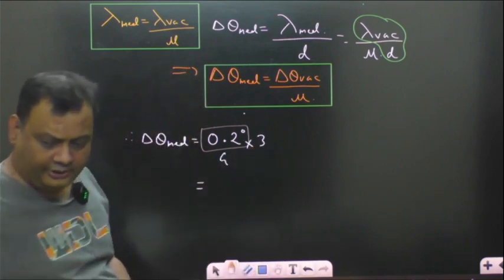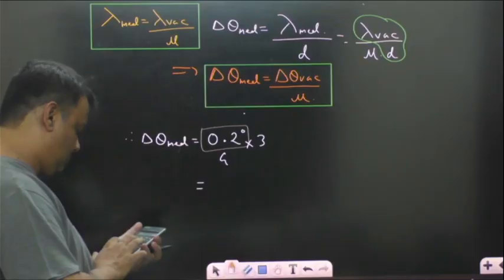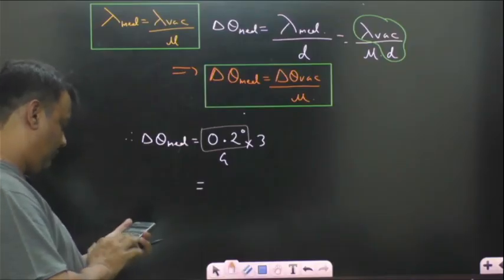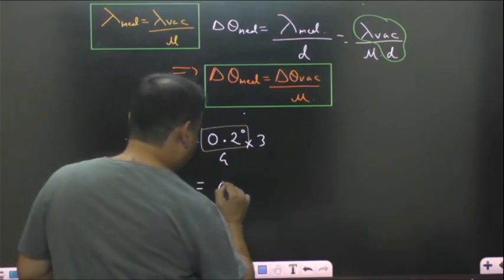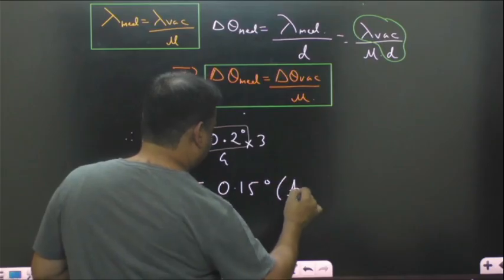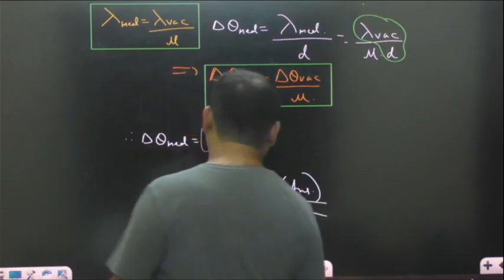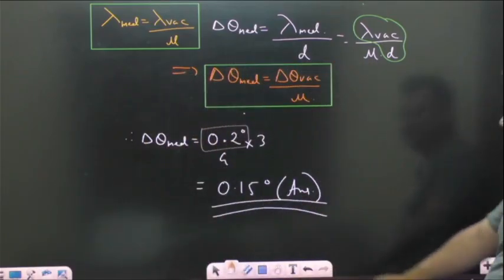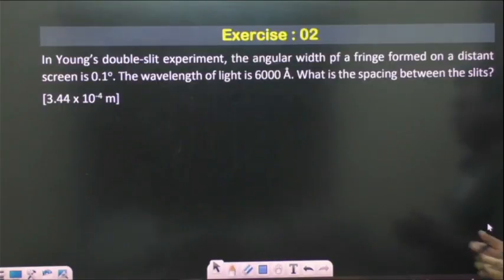So I'll get 0.2 into 3 divided by 4, which is 0.15 degree. That is the answer. So this will be your angular fringe width in the medium. Got it?